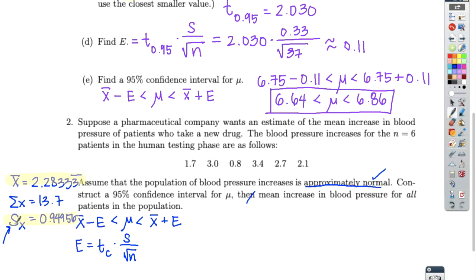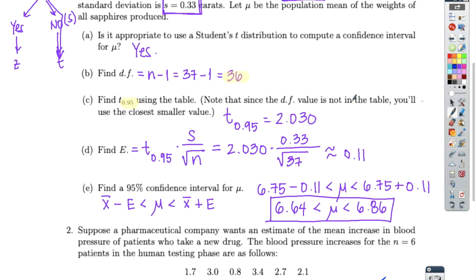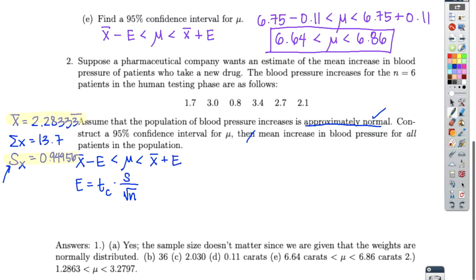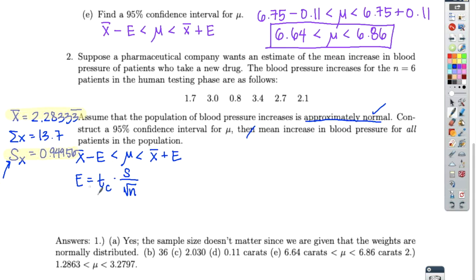We know s, the sample standard deviation. And if your answer is no, you do not know sigma, then you're going to use t. So we're going to use our t formulas, and that's why I have t here and not z. So the last thing I need to find here is the critical value.